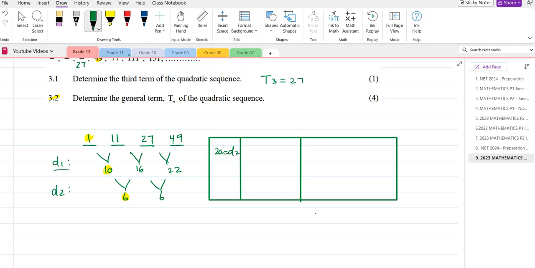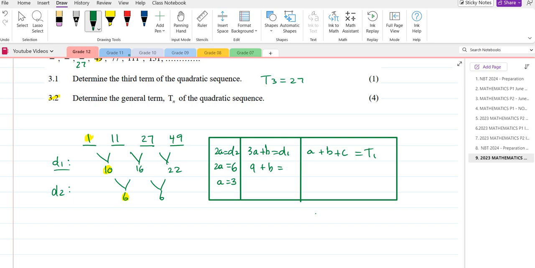The second formula is 3a plus b is equal to difference 1, and the last one is a plus b plus c is equal to term 1. Now 2a is equal to difference 2. What is d2? 6. So a is now equal to 3, 6 divided by 2, which is 3. And now 3 times 3 is 9. 9 plus b is equal to difference 1.